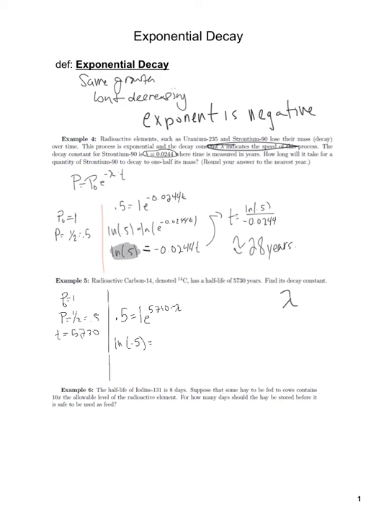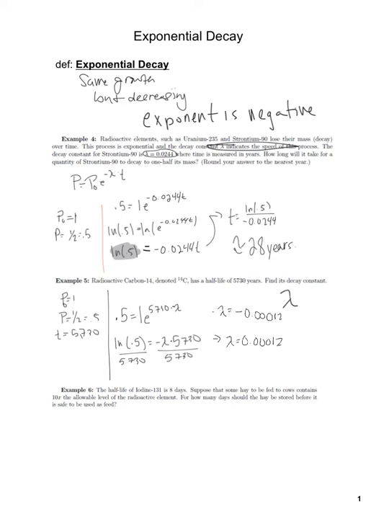When I take the natural log of this left side, I just get negative lambda times 5730, divide by 5730, and I get negative lambda is equal to negative 0.00012, which tells me lambda is equal to 0.00012.